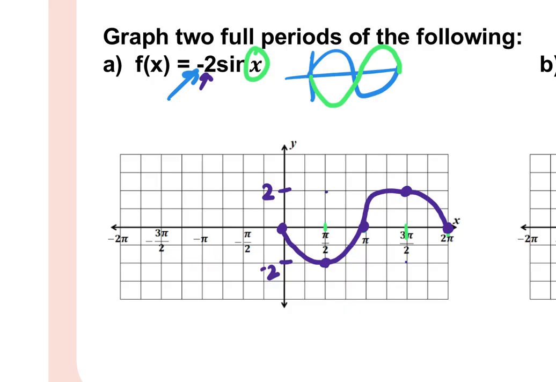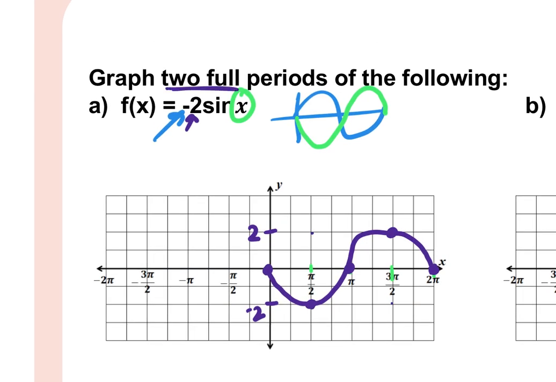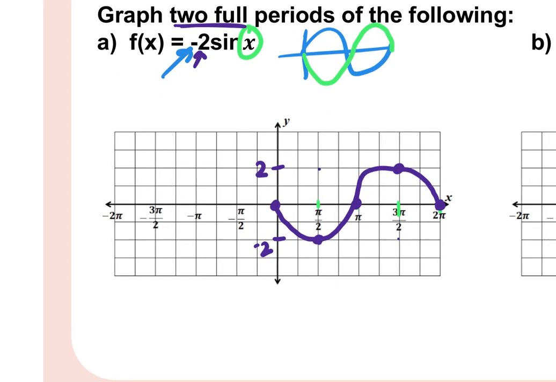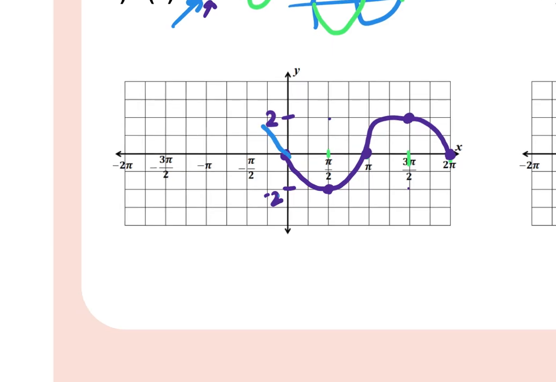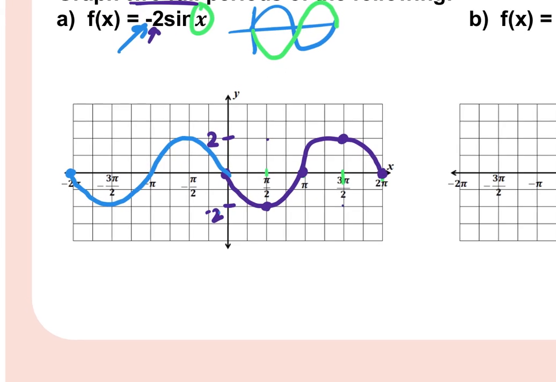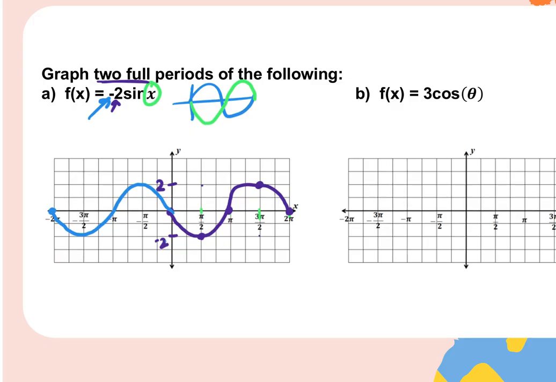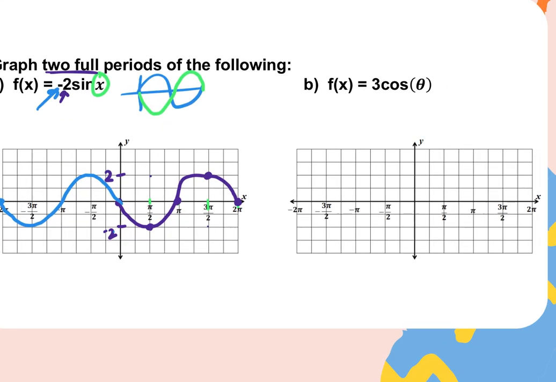And then it said 2 periods. This is 1. So because sine is odd, I could literally just reflect it back the other way across the y-axis. Now go to B. The 3 is doing what?